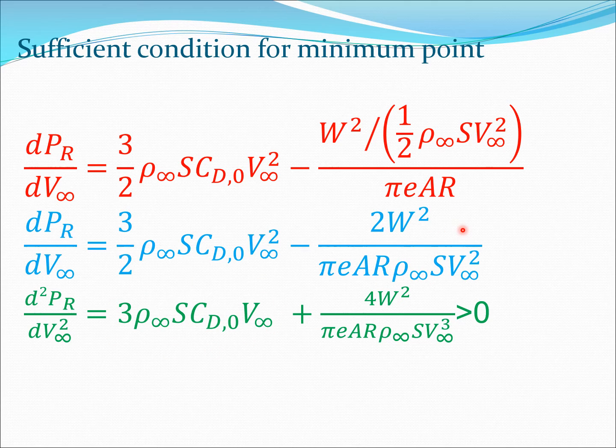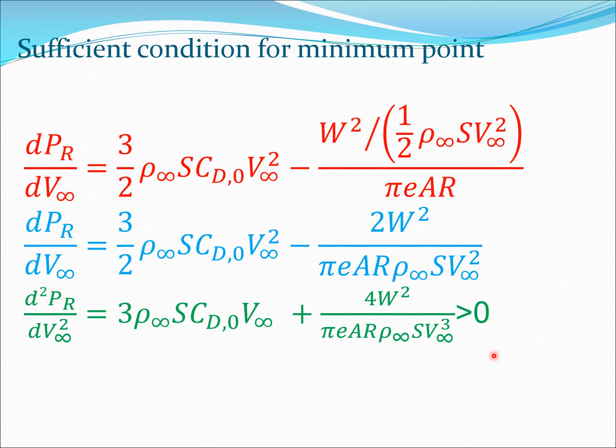And here you have a term involving 1 by V infinity squared, or V infinity to the power minus 2. That term, when differentiated, becomes minus 2 V infinity to the power minus 3, and so the minus sign becomes plus here and I get this equation. Now if you look at this expression for the second derivative of PR very carefully, you will see that all these values are essentially positive.